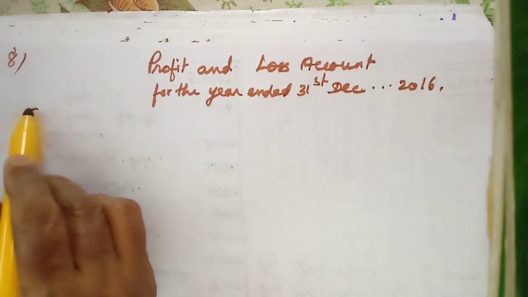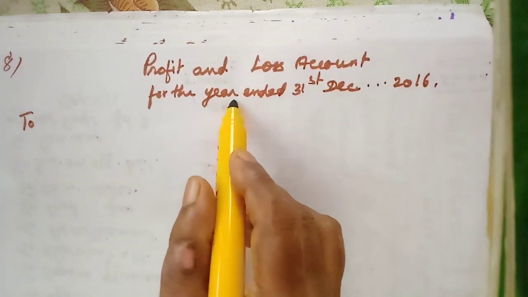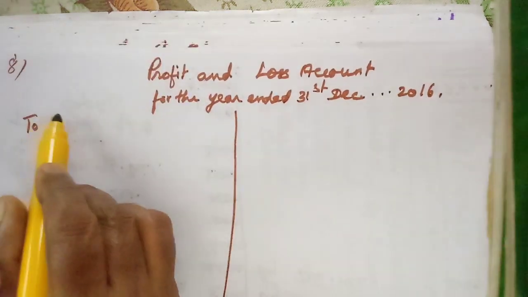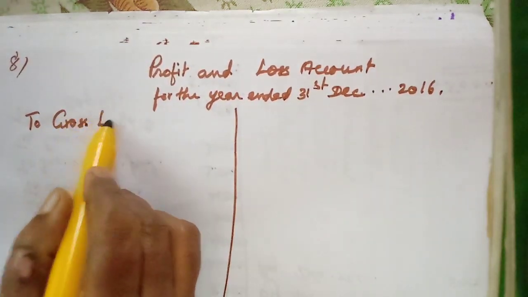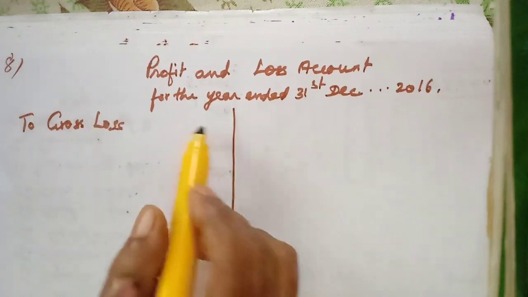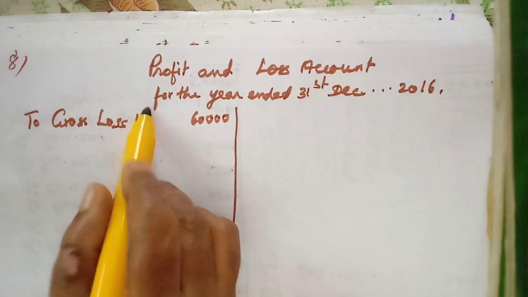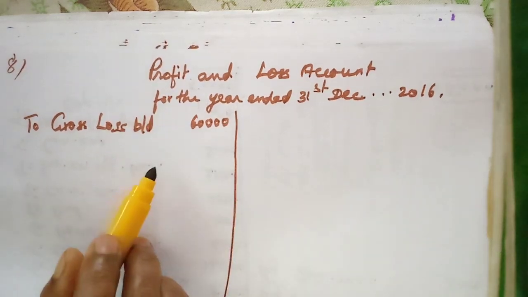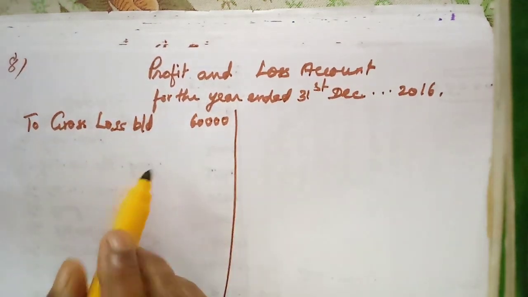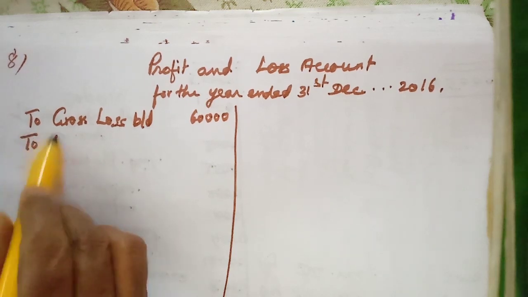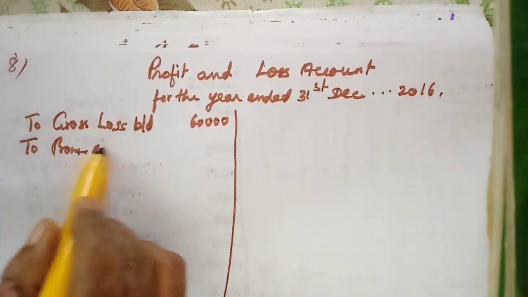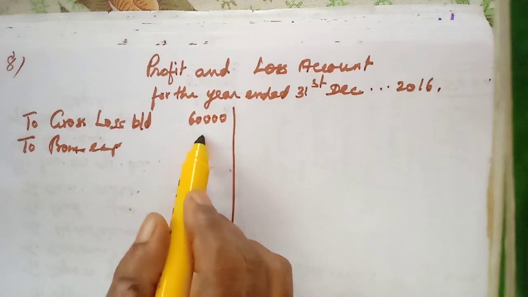Okay, first one gross loss. So it will come to gross loss 60,000. So when we write the trading account, here we should write brought down. Okay. The next item, promotional expenses 5,000.